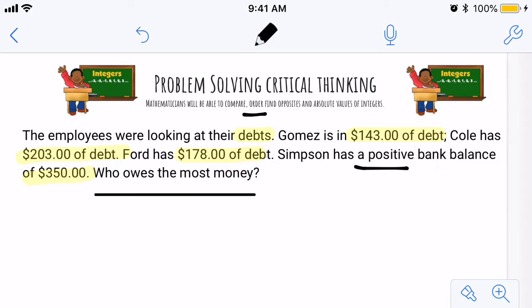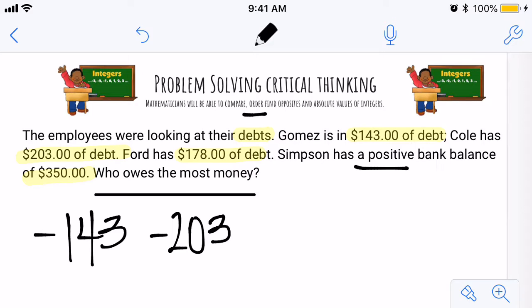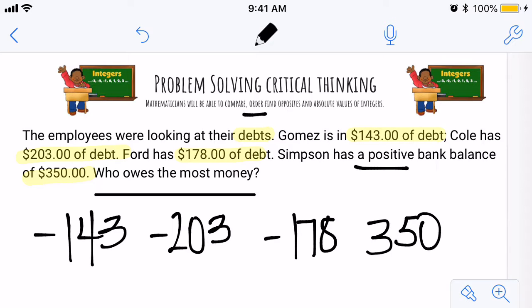So I'm going to take all of my values and I'm going to write them down below. So I have a negative 143 because that's talking about debt, a negative 203, a negative 178, and then we know Simpson, he's positive, so he has a positive 350. So if we're talking about who owes the most money, we know it can't be Simpson because if you have a positive value, you're not owing any money.